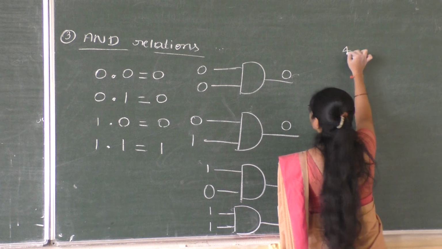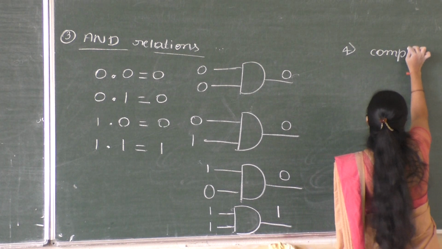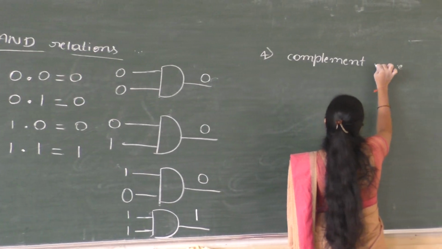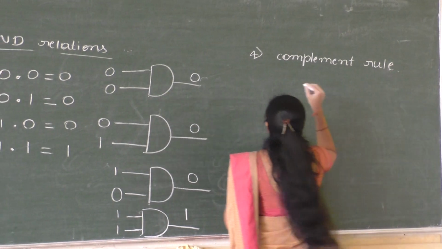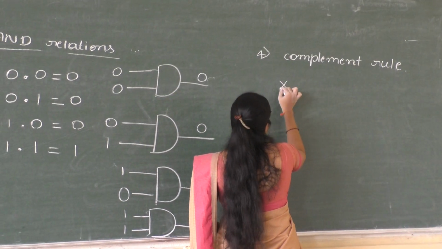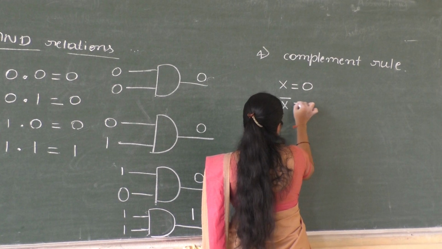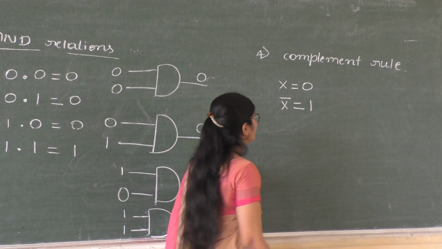Fourth postulate, complementary rule or complement rule. If x equal to 0, x bar is equal to 1.